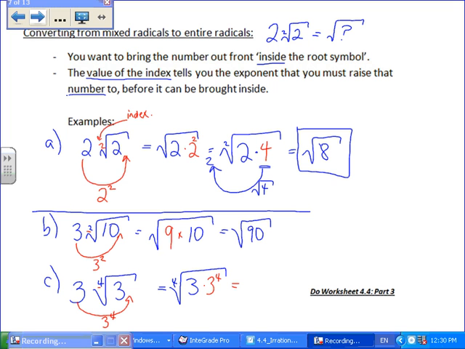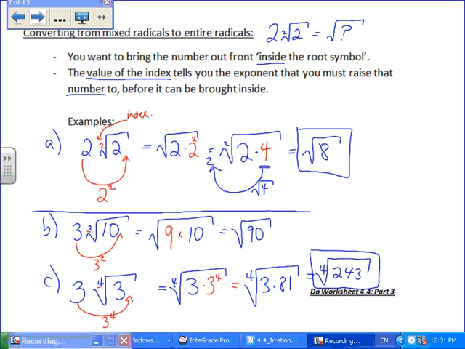In my calculator, I could do that. 3 times 3 is 9, 9 times 3 is 27, and 27 times 3 is 81. So what I get there is 3 times 81, and the answer to that is the 4th root of 243 as an entire radical.